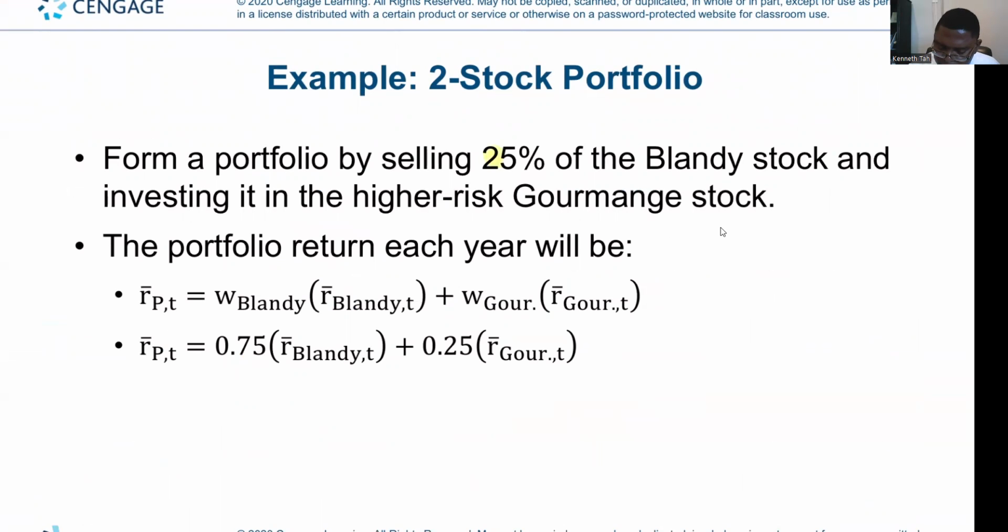So we can ask ourselves what the weight of Blandy and the weight of Gomash can be. The weight of Blandy is 25%, so from our total budget, we invest 25% in Blandy. One minus 0.25 implies that 0.75 will be the investment in the other company. So the return on the portfolio becomes 0.25 times the return of Blandy plus 0.75 times the return of Gomash.